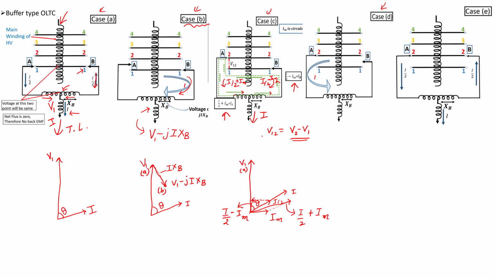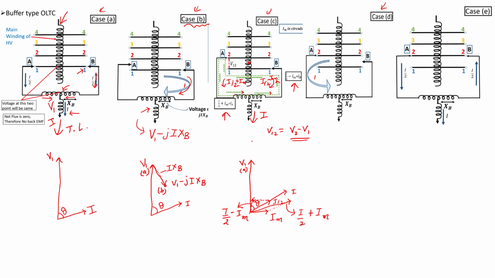Now what is the voltage at this transmission line position? V12, which is V2 minus V1, is exactly distributed half and half, because this complete winding is symmetrical and we are tapping exactly at the midpoint. So the voltage drop in this half is equal to this half. The voltage at the midpoint is exactly half of V12, so the node potential is between V1 and V2.